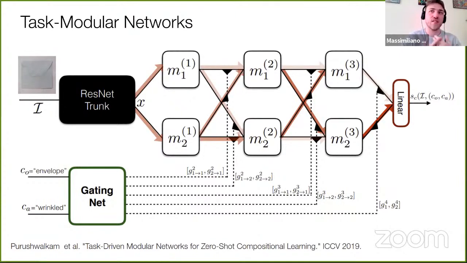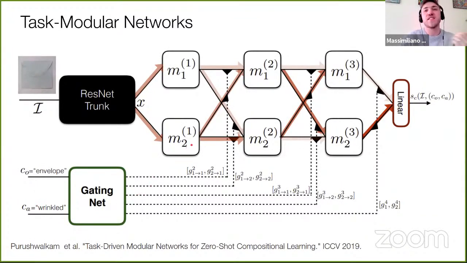We hope that in this way we can compute a classification function. In this case, it's not a projection in a shared embedding space, but more a compatibility score between the image and the parameters of this task-modular network. And we hope that the gating function really is able to capture whether the image represents the concepts that we use to condition this gating network.